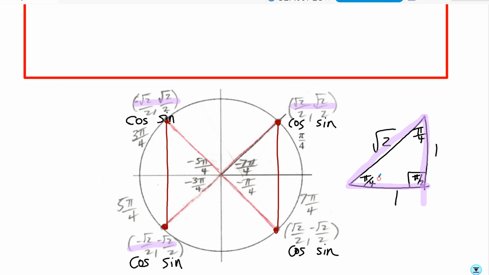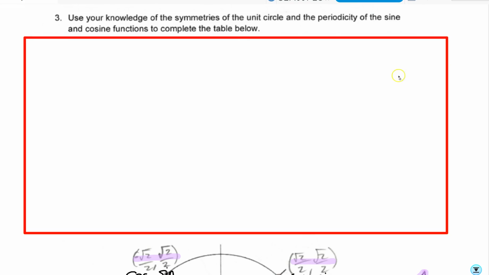Pi over 4 is 45 degrees. And so since we have pi over 4, all of our measurements are going to be based on that. So now when I want the highlighter to work, it doesn't work.